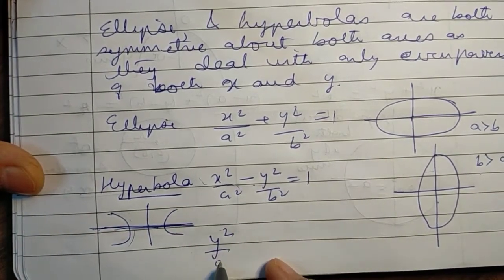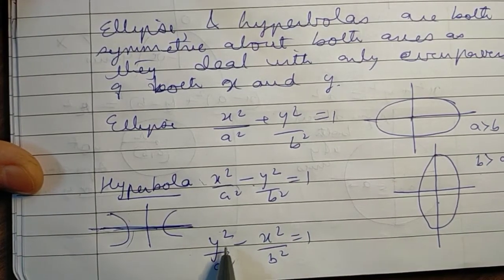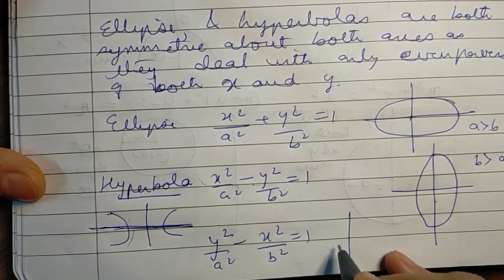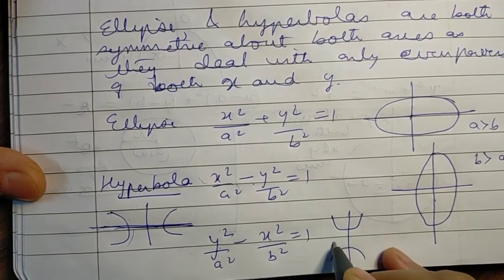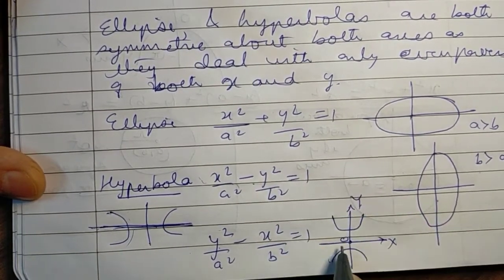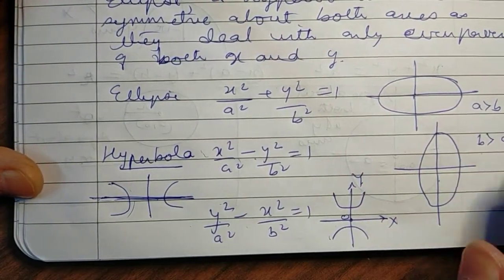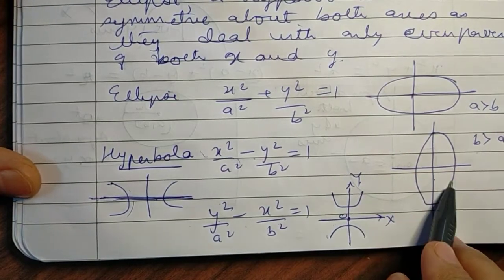Whereas if the y squared term is positive, we have the hyperbola somewhat like this. This is called the vertical hyperbola. In both cases, these are symmetric about both the x and y axis.